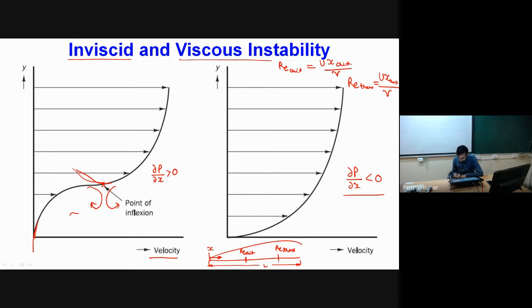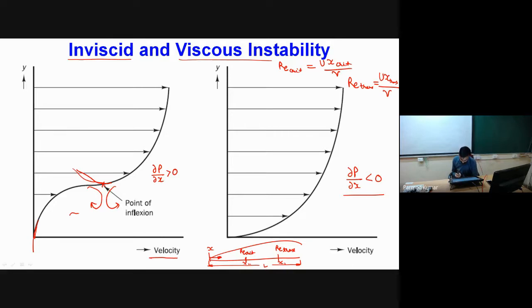This corresponds to X trans, and this corresponds to X critical. So this region from X critical to X trans is where, if any perturbation is present in the flow, that perturbation will be amplifying.